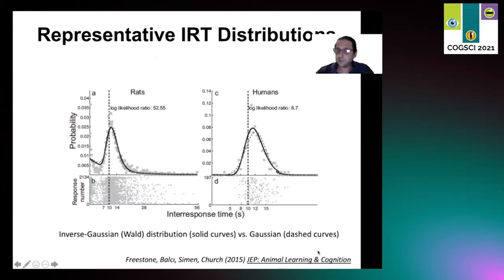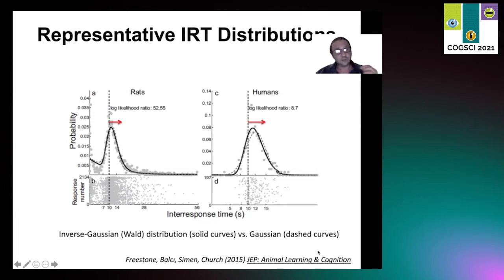Inter-response times are typically inverse Gaussian distributed. Now, that is an important observation, but due to time constraints, I'll not get into why. But I'd like to emphasize a commonality between these two figures here. As you can see, both the representative rat and the representative human have mean inter-response times that are longer than the minimum wait time.